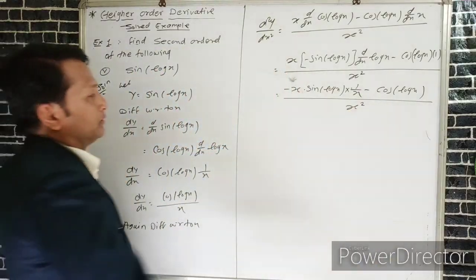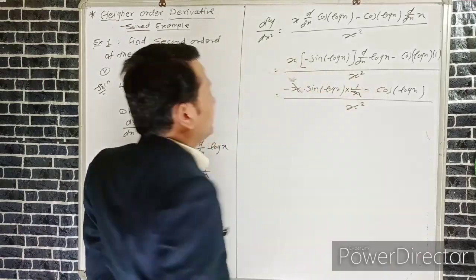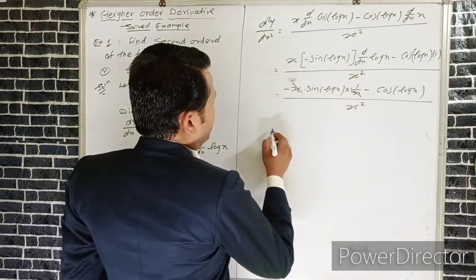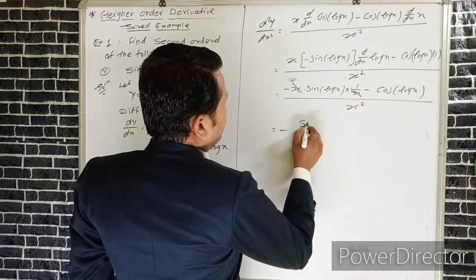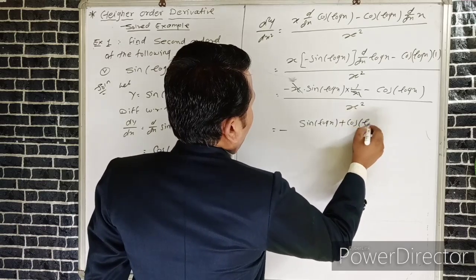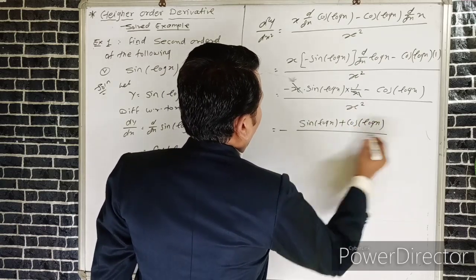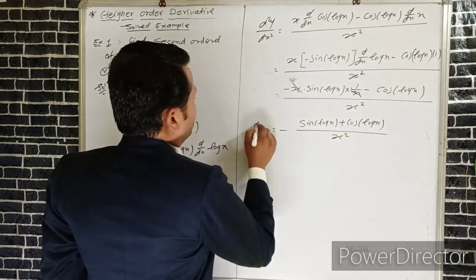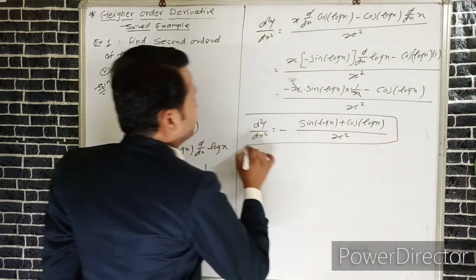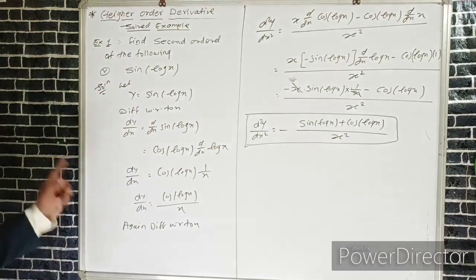Now here, numerator and denominator x get cancelled. If we take minus sign common from both terms, we can write sine of log x plus cos of log x upon x square, which is the required derivative, second order derivative d2y upon dx square.